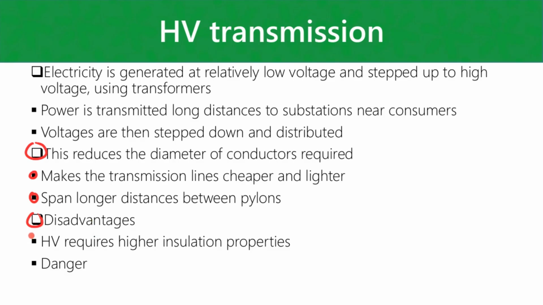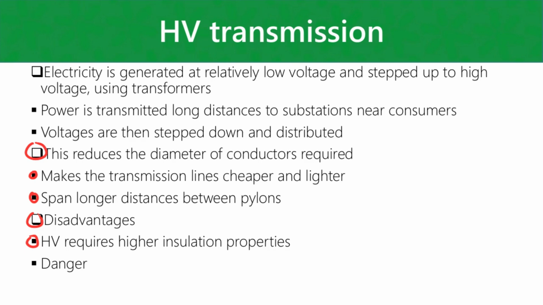There are, however, some disadvantages with transmitting at high voltage. For one, it requires higher insulation properties. Basically what this means is you have a minimum distance that your conductors need to be at from each other. The mounting points on your pylons also need to conform to certain specifications.